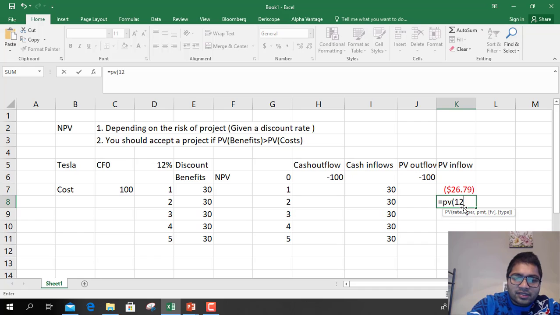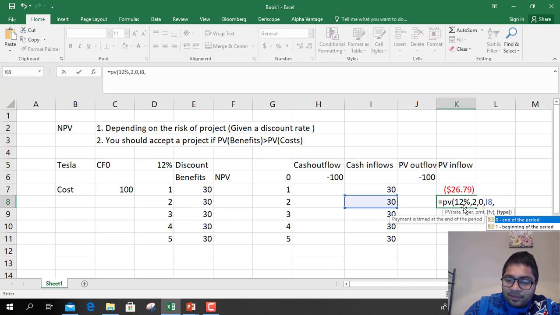So rate 12%. N per 2 now. Okay, payment 0, future value 30, type doesn't matter.